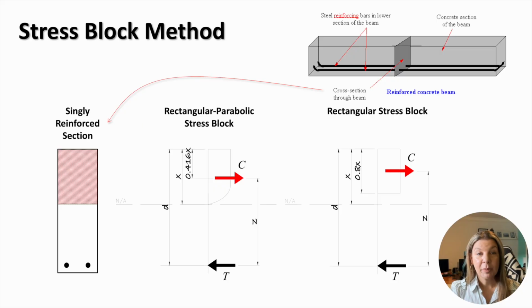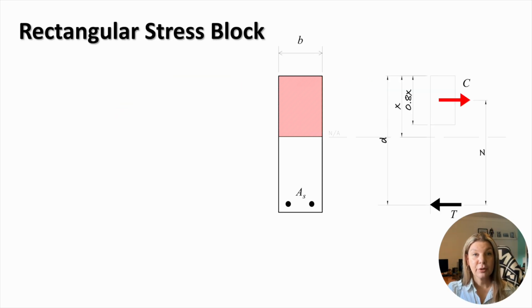The application of a particular diagram in design will result in a corresponding distribution of stress in the compressed concrete. It should be noted, though, that the differences in stress distributions result in insignificant differences in the final design. Here you can see the parabolic-rectangular and rectangular distribution of stress. Throughout this course, we'll use the rectangular stress block.